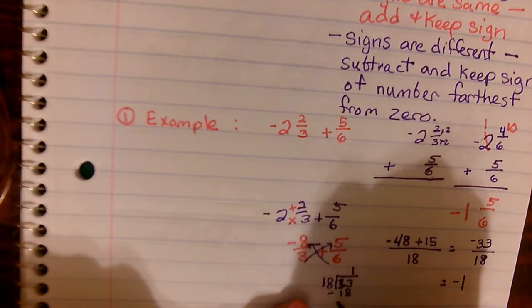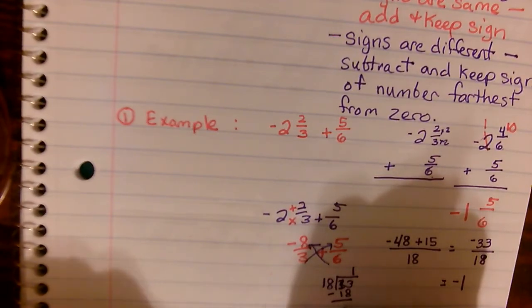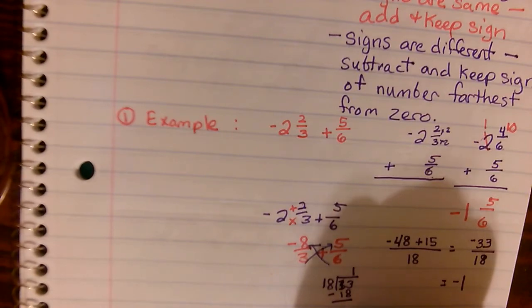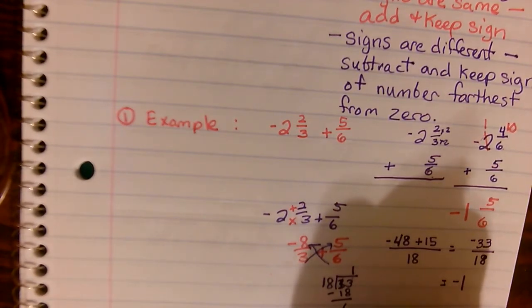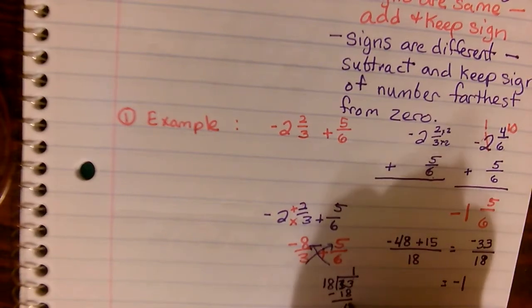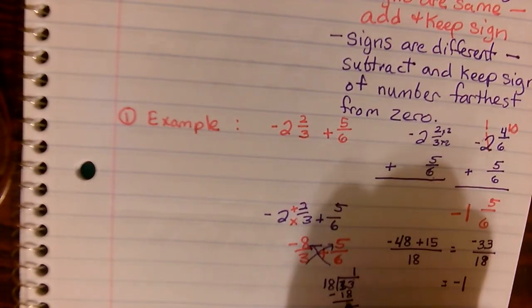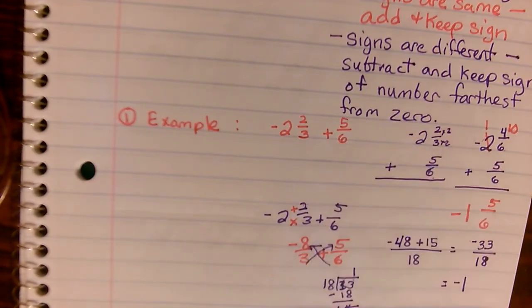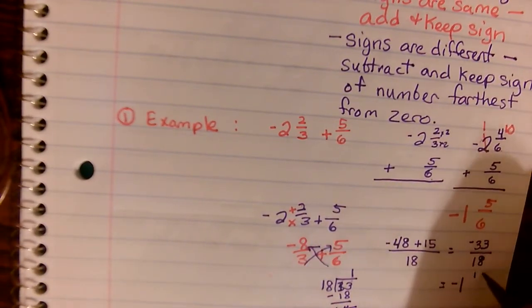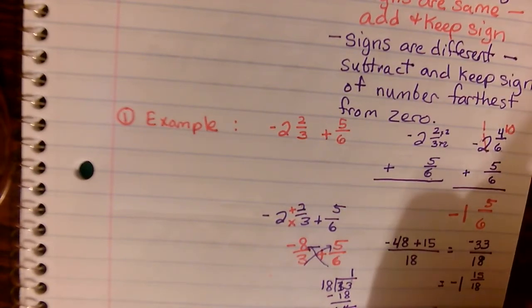Bring down the 18 and subtract. 13 minus 8 is 5. And then I borrowed, so 2 minus 1 is 1. So I now have negative 1 and 15/18. And that simplifies. 3 goes into both, negative 1 and 5/6.